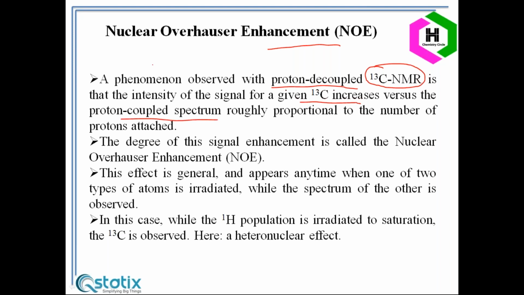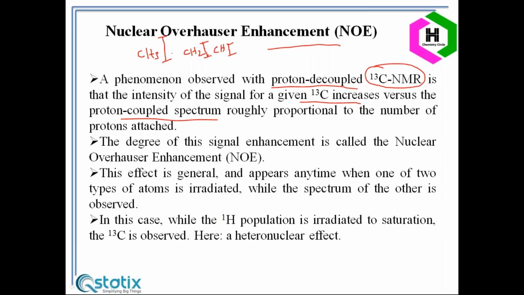For example, if you have CH3, CH2, and CH, the intensity of the CH3 is going to be higher, CH2 is going to be lower than CH3, and CH is going to be lower than CH2. The intensity changes with the number of hydrogens attached to the particular carbon.